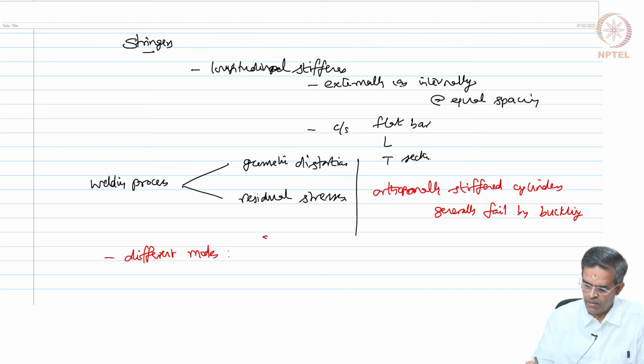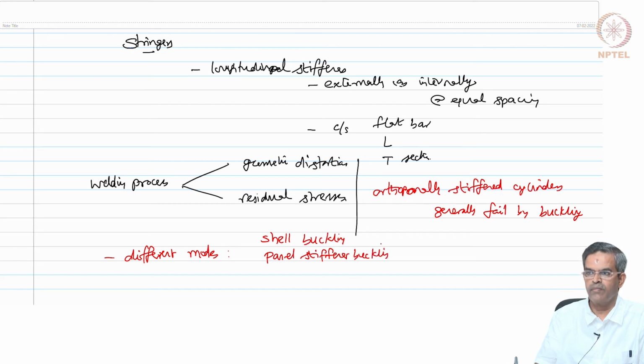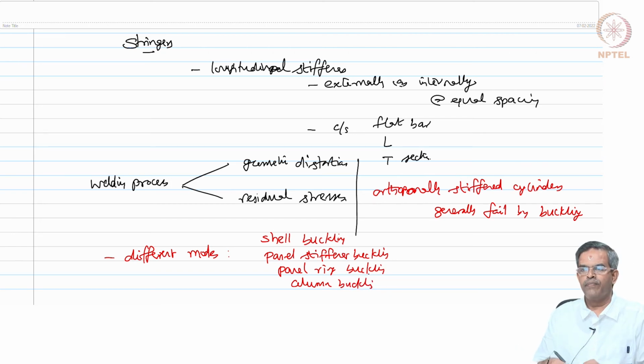They can be shell buckling, panel stiffener buckling, panel ring buckling, and column buckling. Now, let us try to draw them and show how they look.